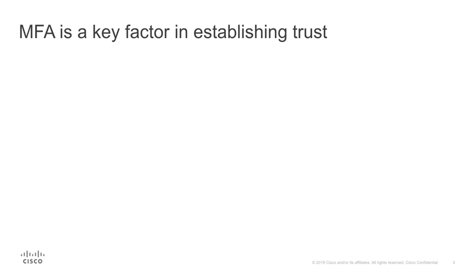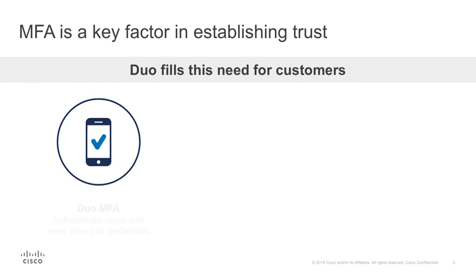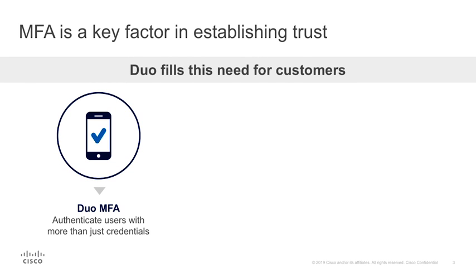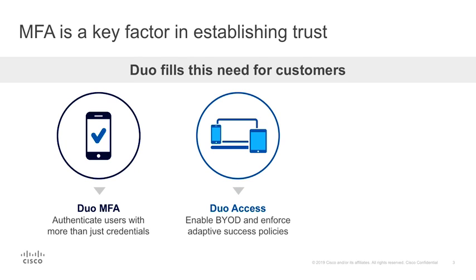The Duo solution is flexible and is made up of three interconnecting solutions that can be customized to meet customer needs. Duo MFA establishes user trust with an easy-to-use MFA. Duo Access builds on basic MFA capabilities to establish device visibility, enabling Bring Your Own Device, also known as BYOD, and enforcing adaptive security policies.